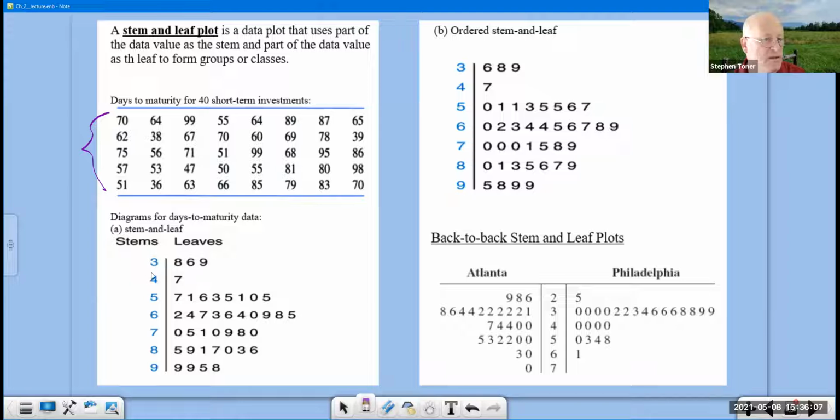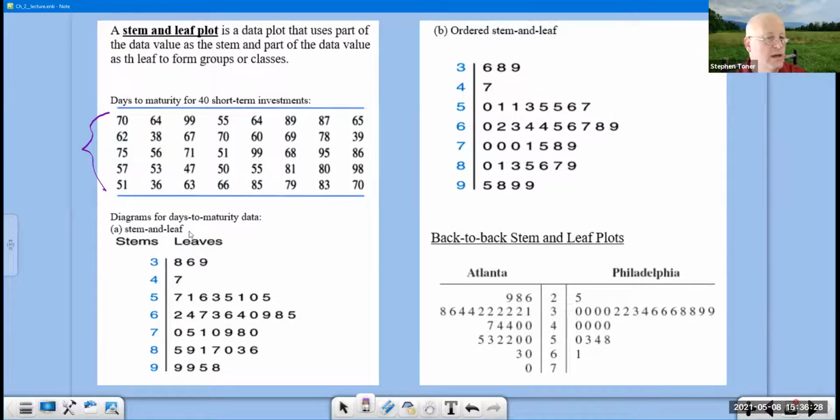And so when I read this first row, it refers to the 3 data values, 38, 36, and 39. Basically, I'm grouping all the 30s together. And there was only one number in the 40s, which was 47. And a whole bunch in the 50s, as you can see, reading through that chart.